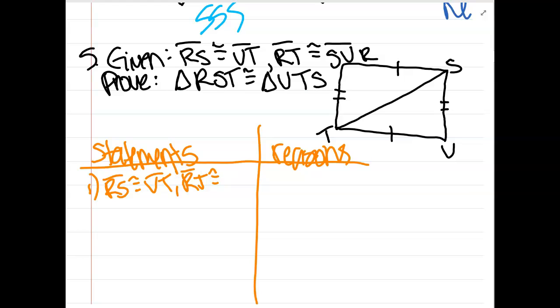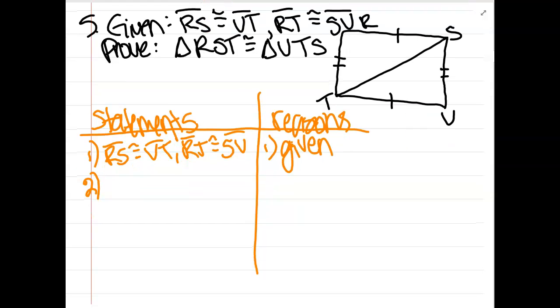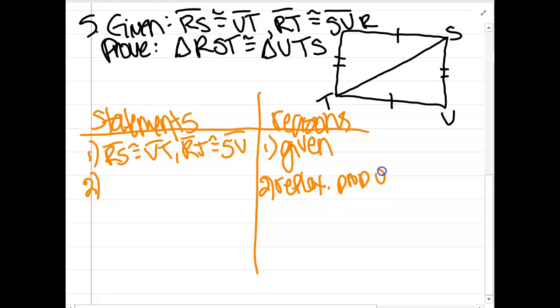Side RT is congruent to side SU because it's given to me. So there's two of our sides. What will I say to show that the third side is congruent? Reflexive, and that's going to be my reason, the reflexive property of congruence.